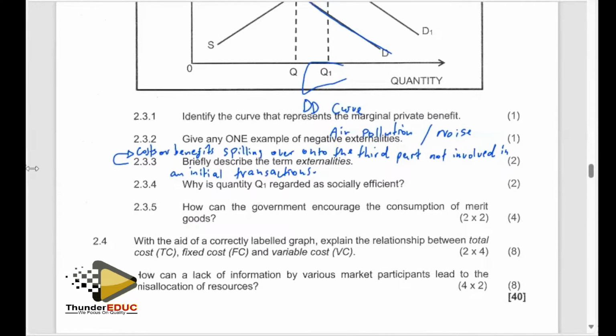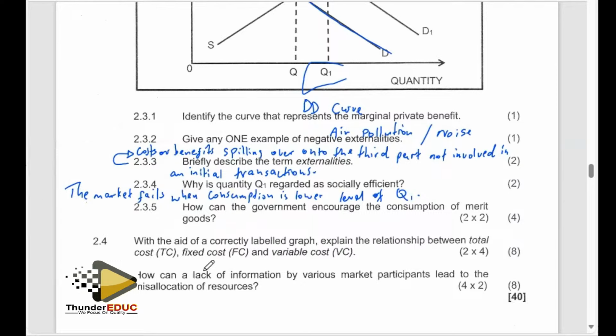We are saying that the market fails when consumption is lower than the level of Q1.